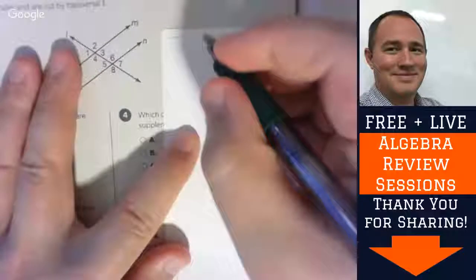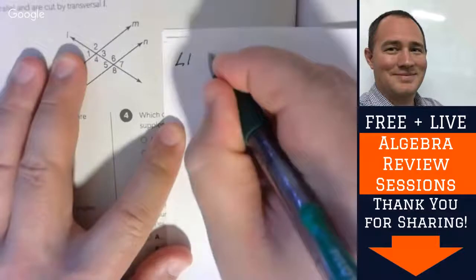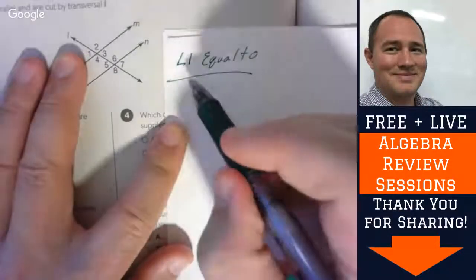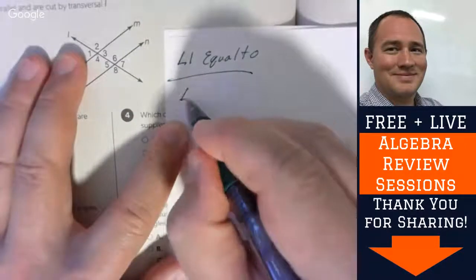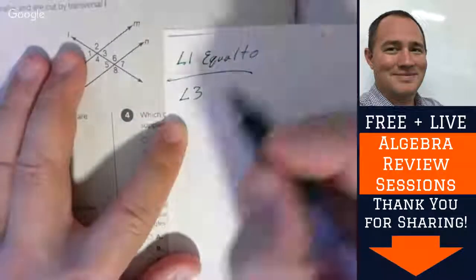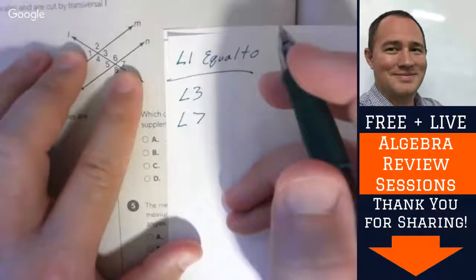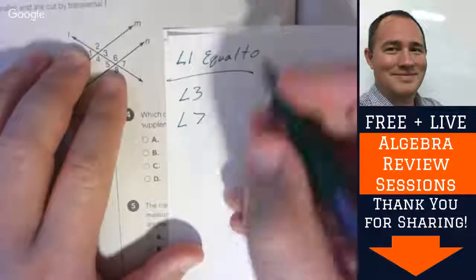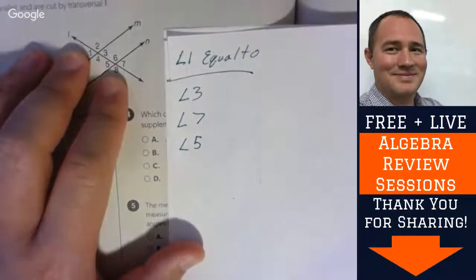Okay, so we're looking at angle 1. Angle 1 would be equal to angle 3 by vertical angles. Angle 1 would be equal to angle 7 by alternate exterior angles. And angle 1 would be equal to 5 by corresponding angles.